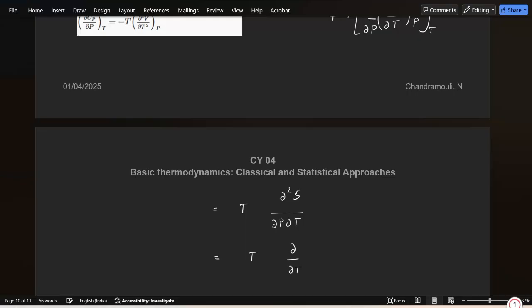I'll take del T outside and then put del S by del P at constant temperature. All right.